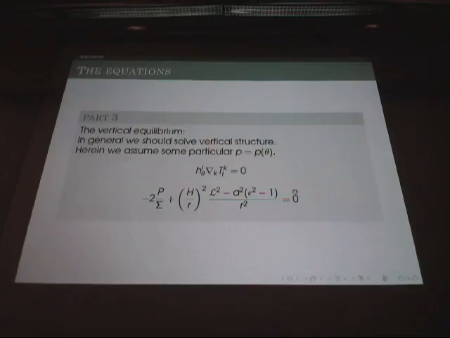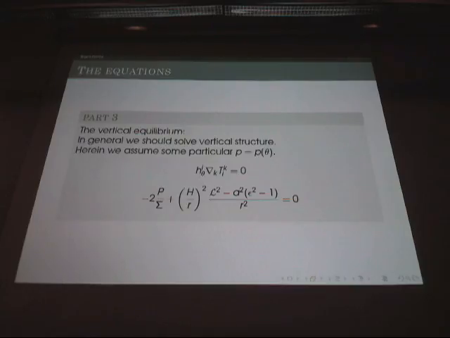And let us move to vertical structure. We have to assume some kind of vertical equilibrium to close that set of equations. And in general, to do it properly, we would have to solve the vertical structure of the disk. But it's quite complicated, but I can say that we are working on this, or at least we are starting to work on this. But in this problem, we have to impose some assumptions about the vertical structure of the disk.